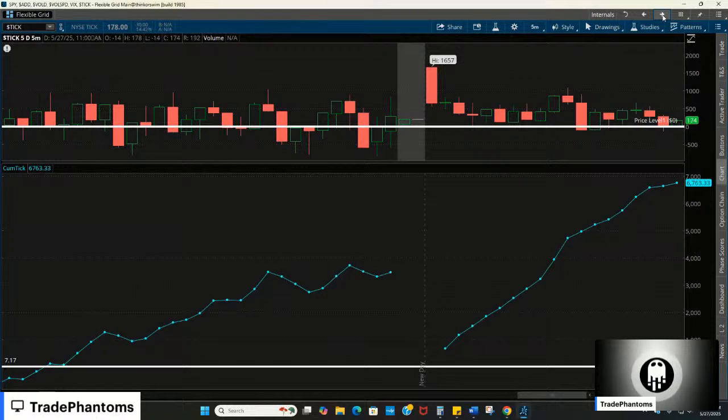I have a machine over here that I trade my other Thinkorswim accounts, my IRA, and my SPX account. But I'm going to have to get a new main machine because it's getting a little old now, and I've got to update.